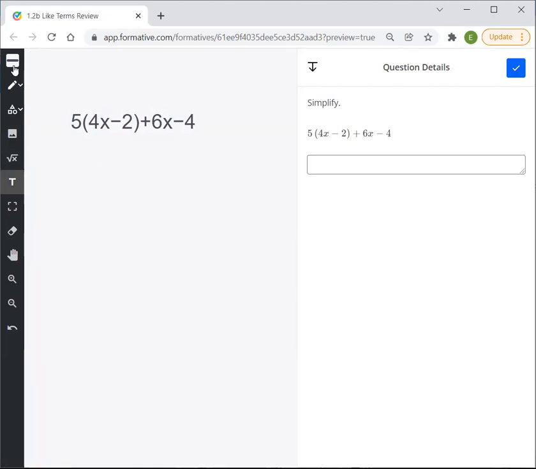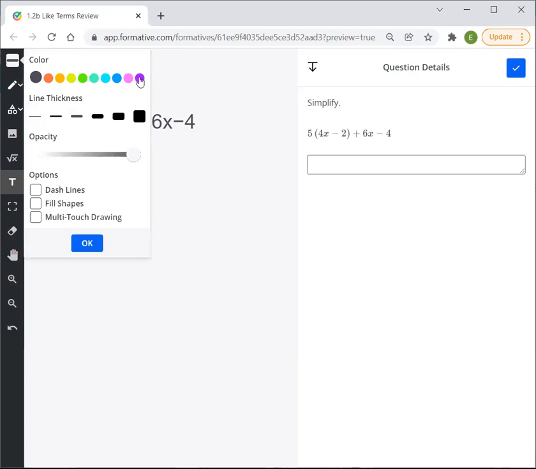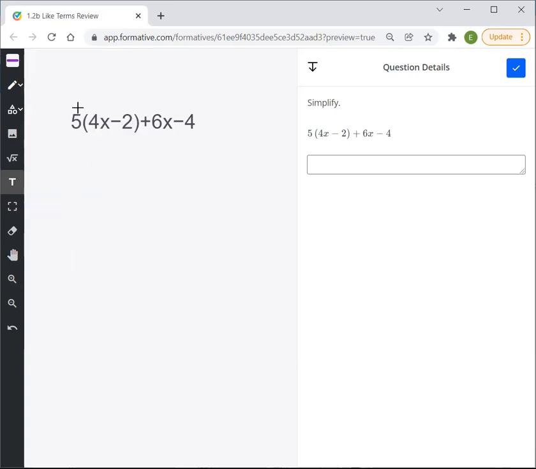Okay, so since we're doing that, we need to distribute, which means we multiply the number in front, so our 5, to both of our terms in the parentheses. Okay, so I have to distribute the 5 to the 4x, and I have to distribute the 5, and remember that's a -2. Okay, we want to multiply when we do this.